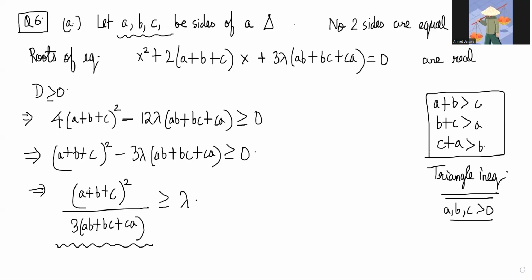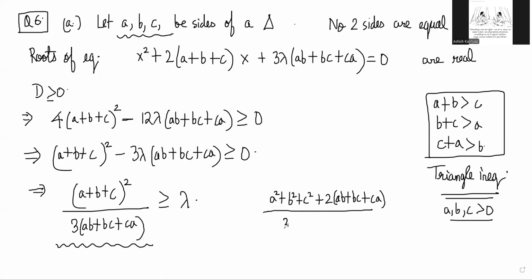So now we have to think of how we will do that maxima condition. No two sides are equal. So first of all, you can say A square plus B square plus C square plus 2(AB plus BC plus CA) divided by 3(AB plus BC plus CA), right?